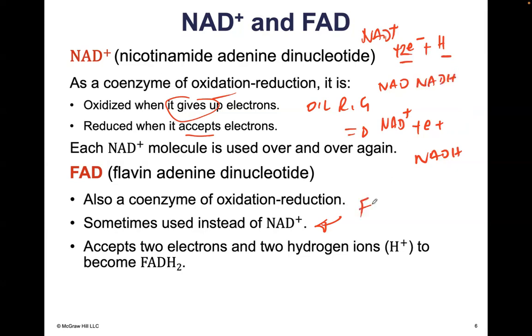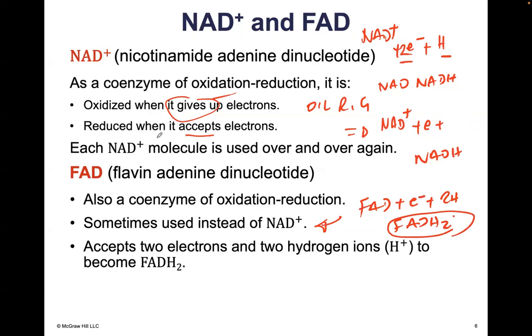But as for FAD, FAD would gain electrons. It's going to gain 2 hydrogen ions. So this is what is FADH2. This is the way they form.